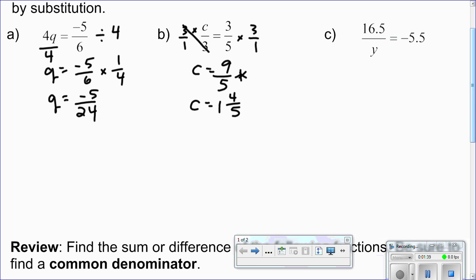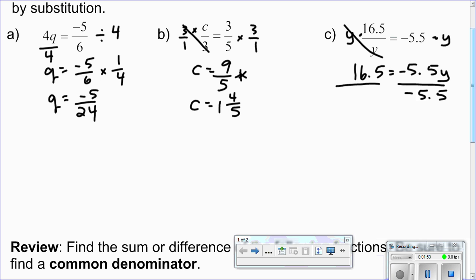Looking at the last one, we have y in the denominator, so we're going to multiply both sides by y to get it out of the denominator. 16.5 is -5.5 times y. Now we can divide both sides by the coefficient. So we get -2.818181, so it's 2.81 repeating.